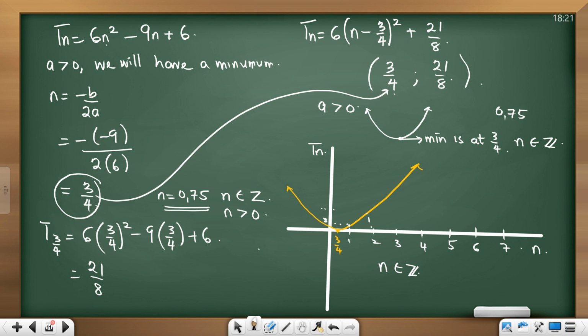Tn on the y, n on the x. If A is greater than 0, we are going to have a minimum. If A is less than 0, we are going to have a sad face, which is a maximum. Numbers will get to a point where n starts decreasing. Guys, let me know if we are okay and we can move on from here.